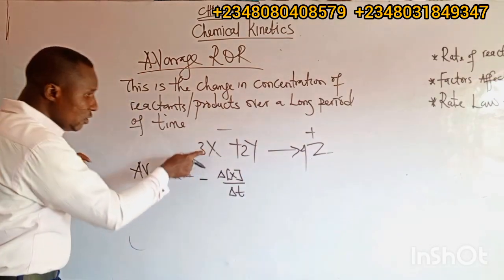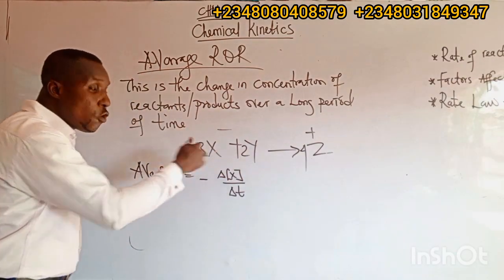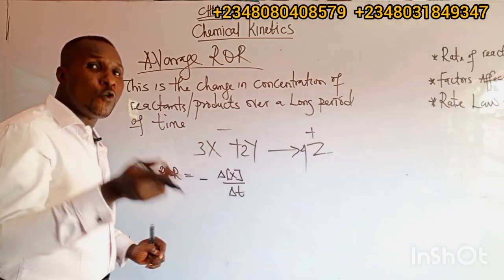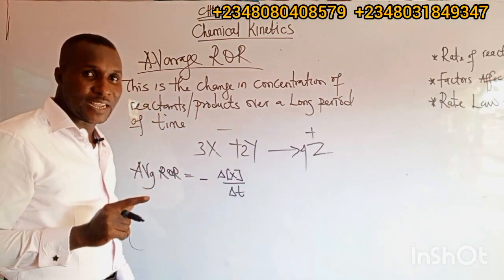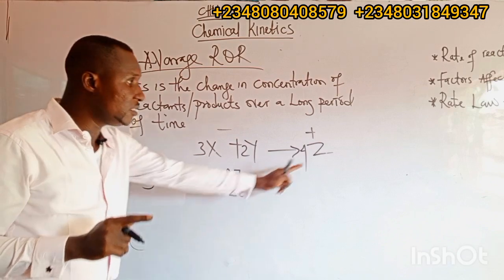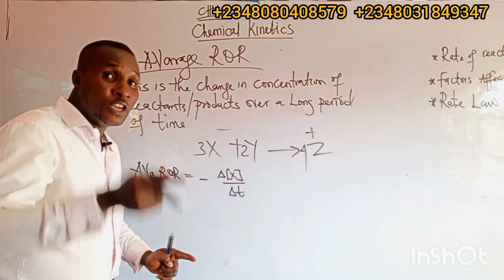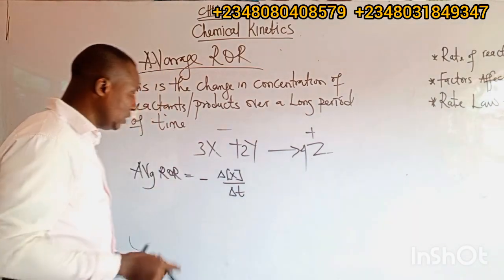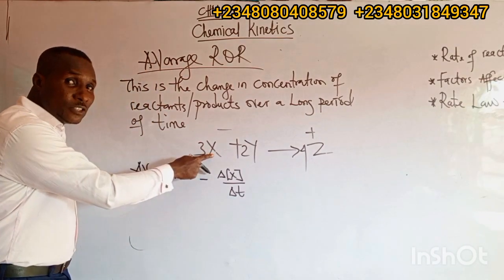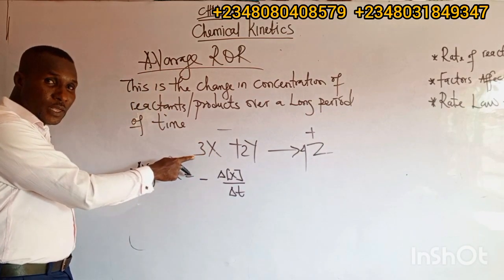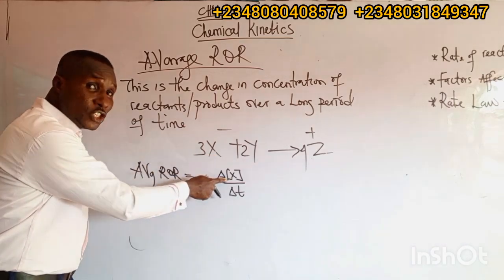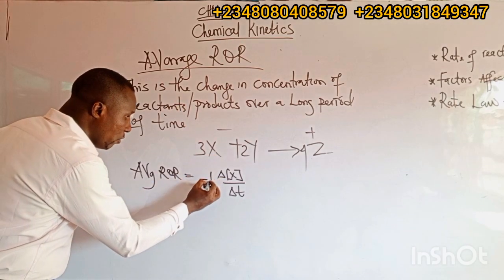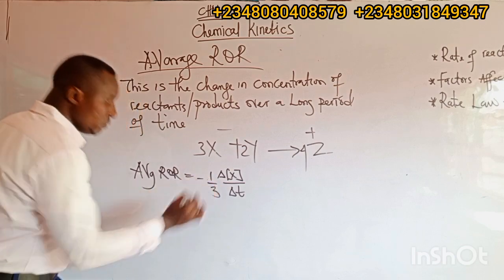Then don't forget, divide the concentration by the stoichiometric coefficient of the reactant. If it is the product, you also divide it by the stoichiometric coefficient. What is the stoichiometric coefficient of X? It is 3. Divide this concentration by that 3, and it's 1 over 3.